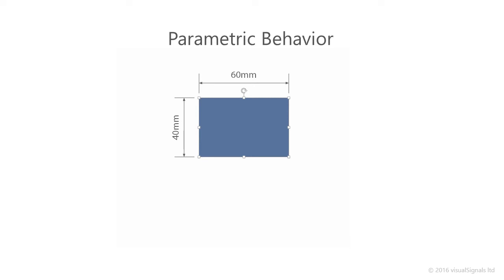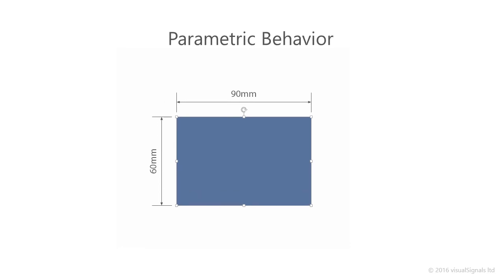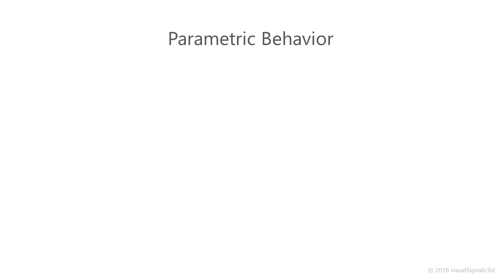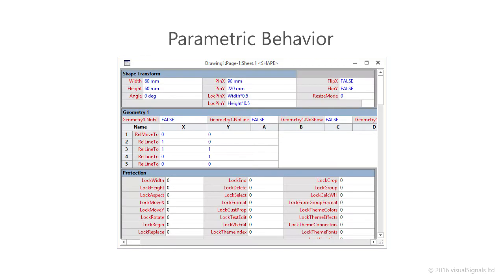For example, width, height, page position, and angle are all parameters that you can set on an individual basis. And just like Excel, you can construct complex logic to control how those parameters are evaluated. Each shape's set of properties are accessible through a spreadsheet-like environment called the shapesheet. Let's flip over to Visio and have a look at it in the application.